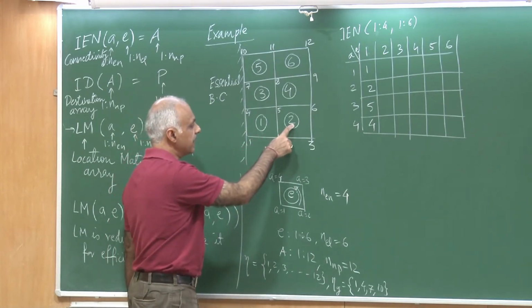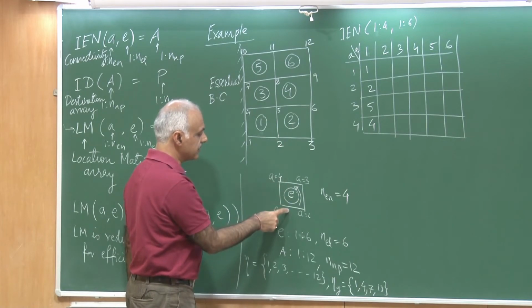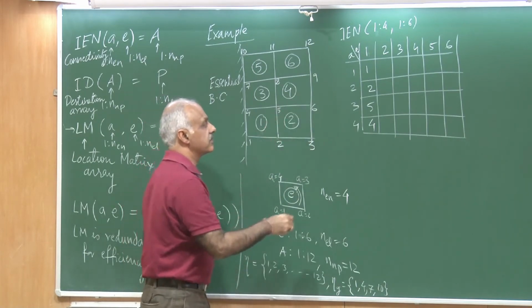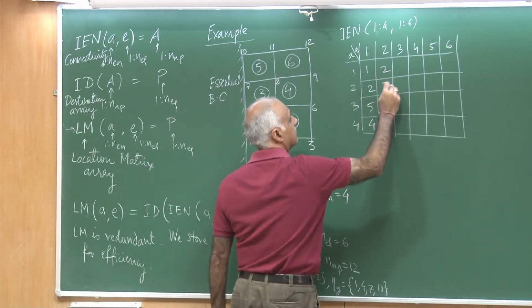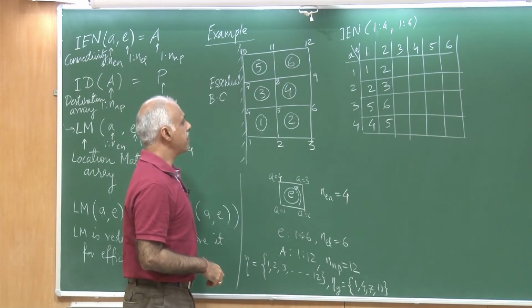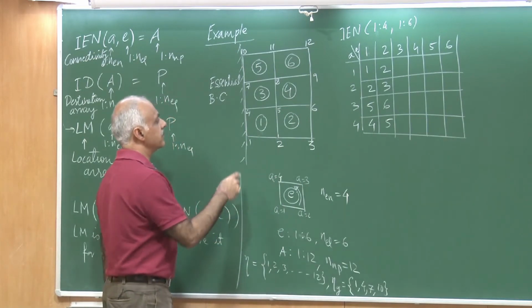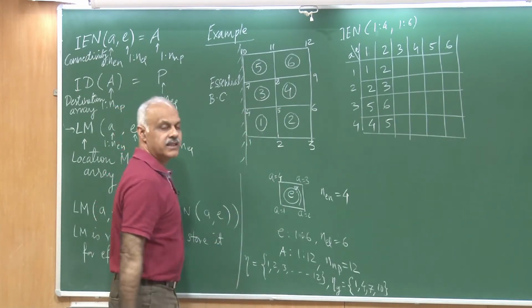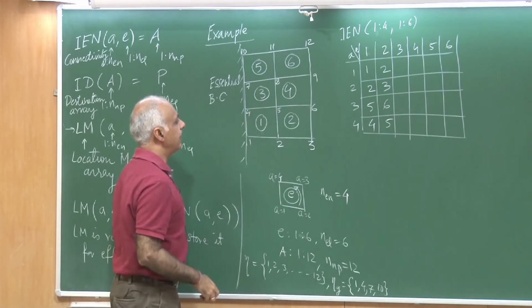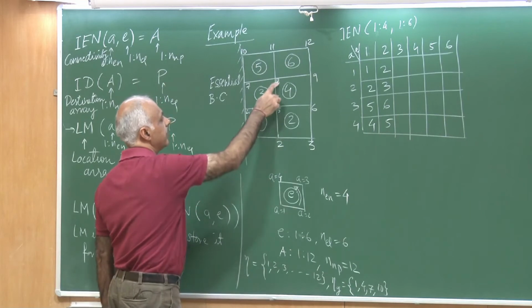If I come to the second element, I will again follow this convention. So, 2, 3, 6, 5. You can now think about what should be the node numbers or the IN array for element number 3. That should be 4, 5, 8, 7.